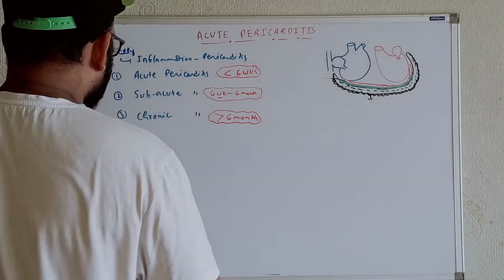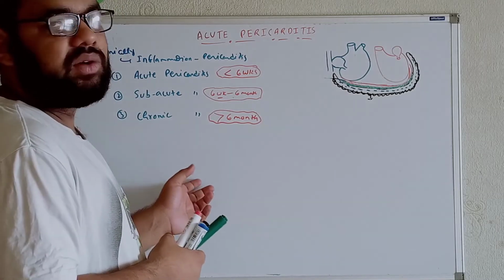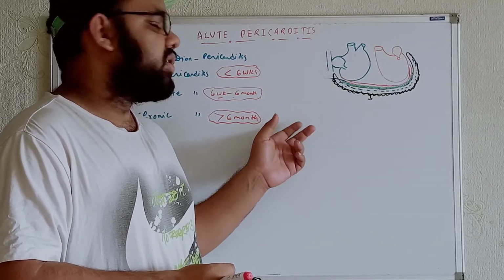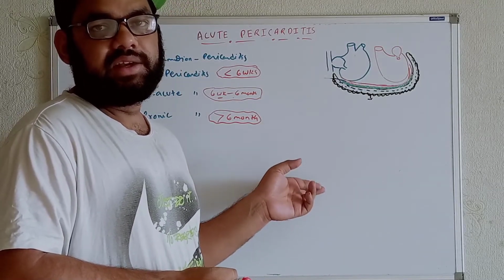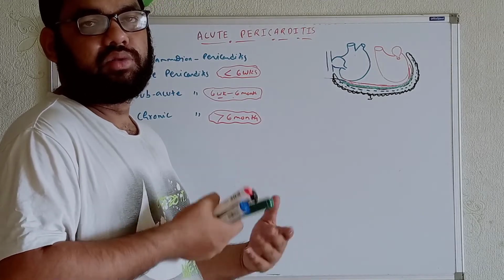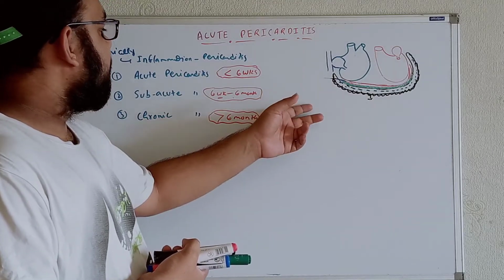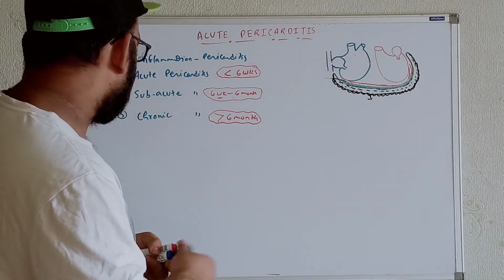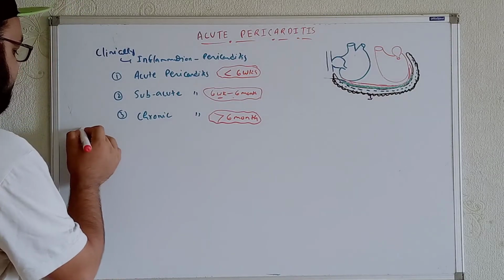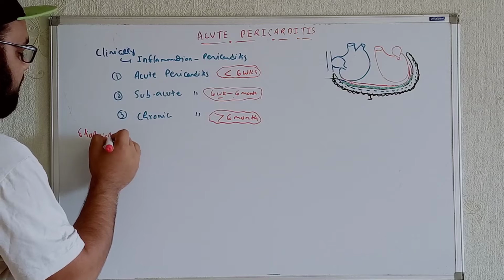Now we'll do the classification as far as the etiology is concerned. We can get infective, we can get hypersensitivity, and we can see another type, non-infective. So let's write it over here: the etiological classification.